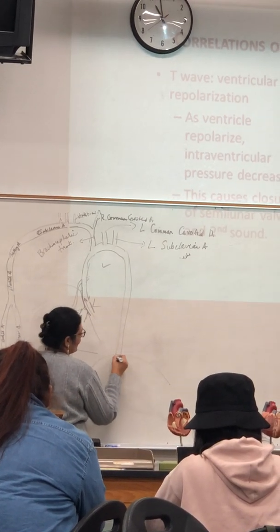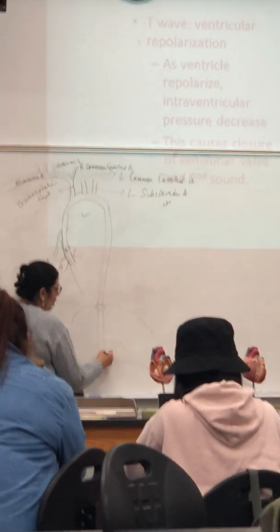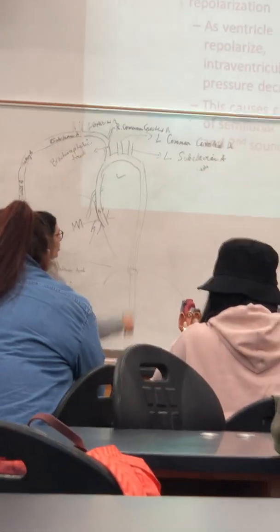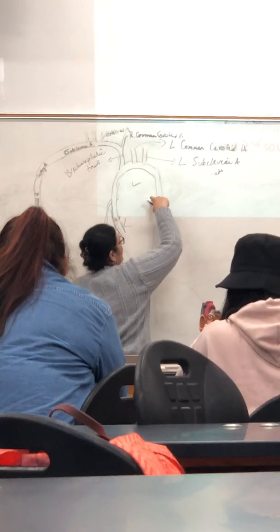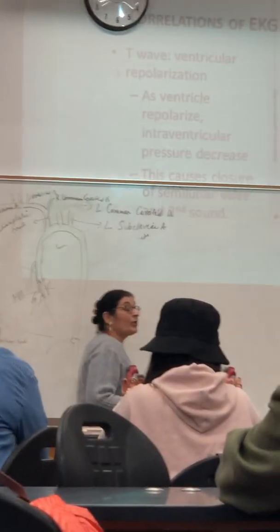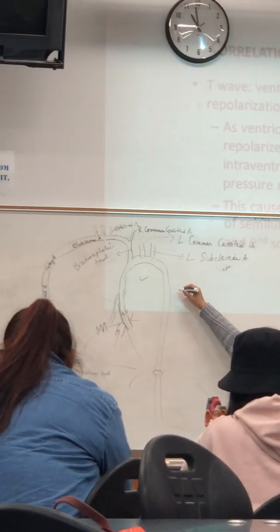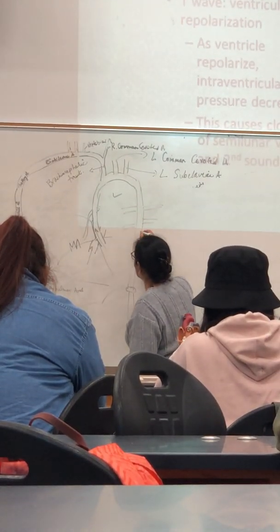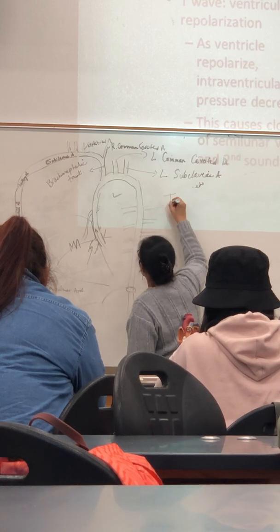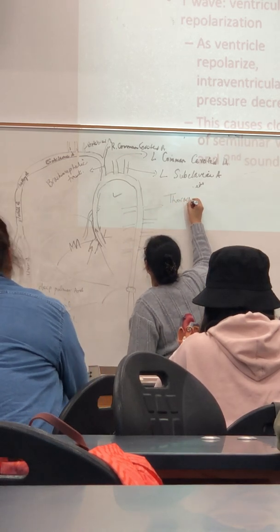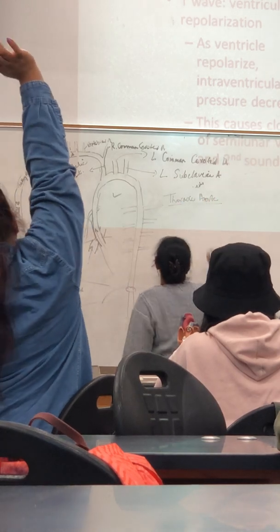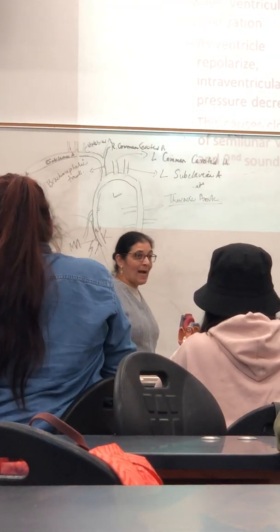This is the hiatus, which is the opening in the diaphragm through which the aorta goes down. This is the thoracic aorta. From the thoracic aorta, you have branches going out. The thoracic aorta gives rise to a number of branches.